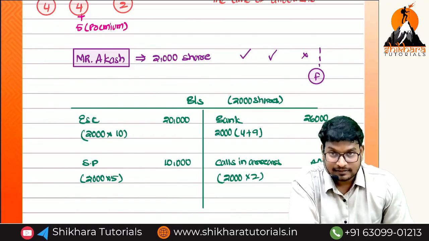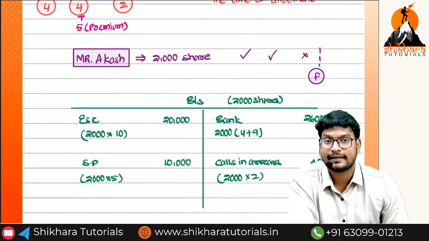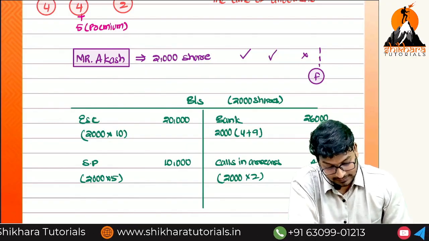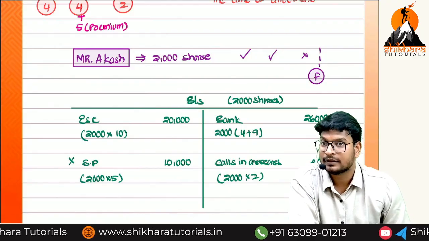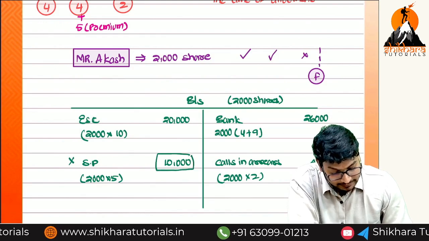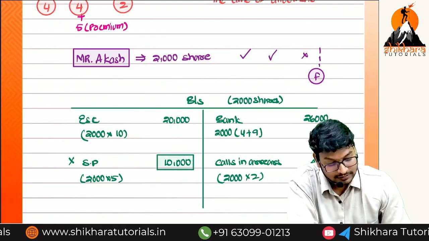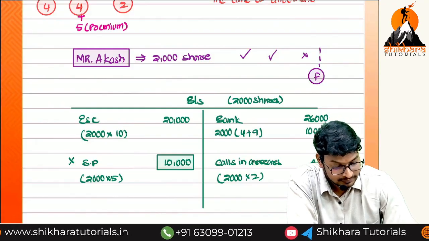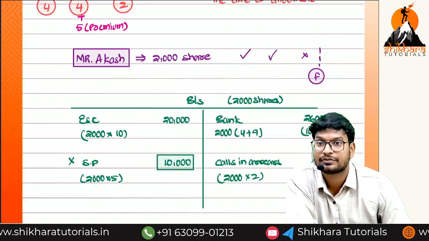We should cancel or we should not cancel? We should not cancel because it is available in the form of cash. So that is the reason we should not cancel. How much? 10,000. So here also this 10,000 we have to reduce from bank balance.